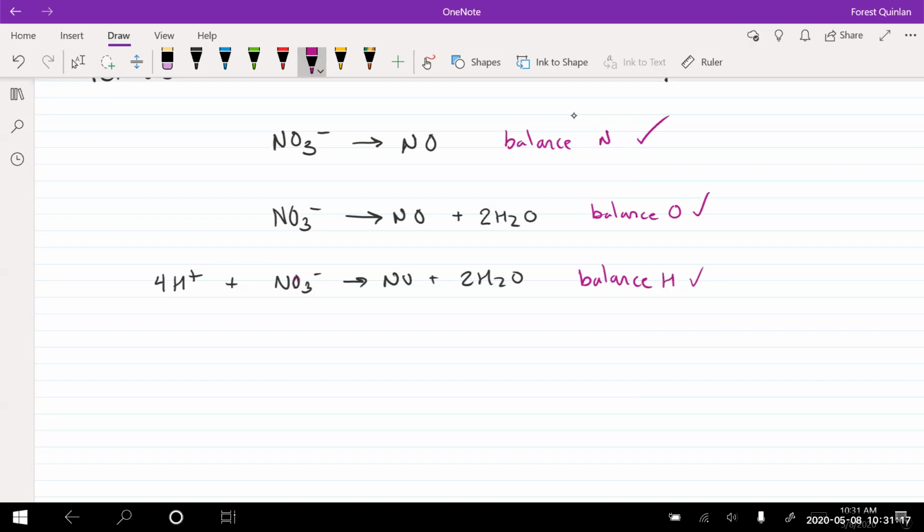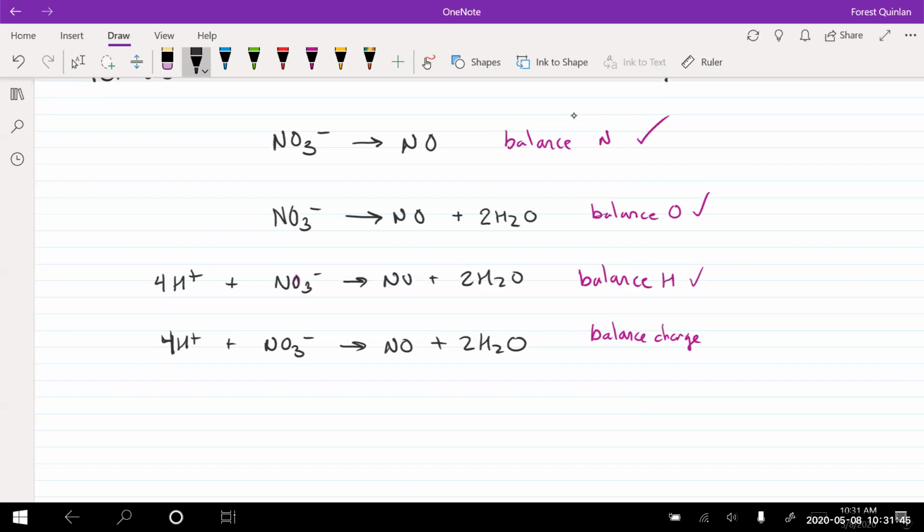And lastly, I'm going to need to balance charge. So I currently still have my 4 H pluses plus an NO3 minus goes to make NO plus 2 H2Os. Ben, what is the charge on the left? Positive 3.